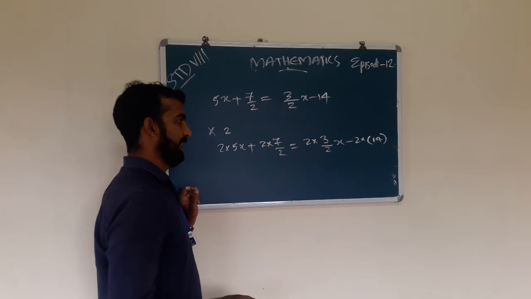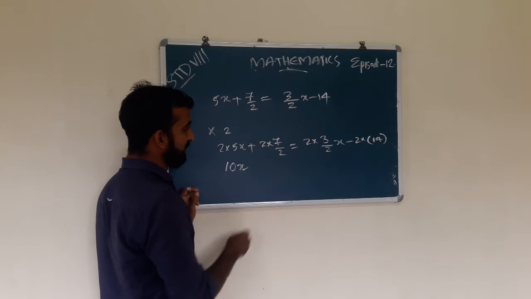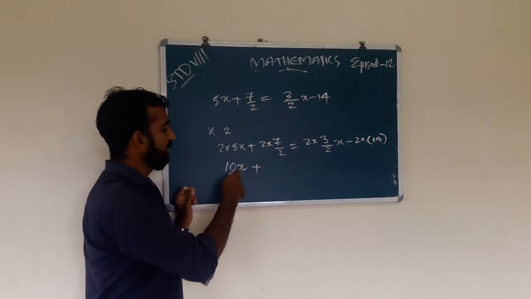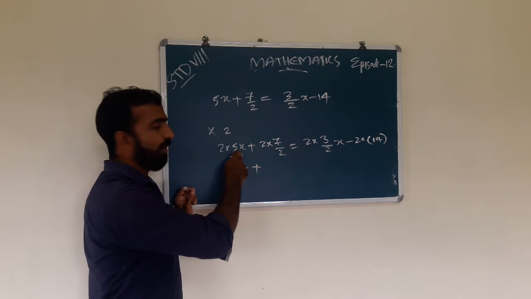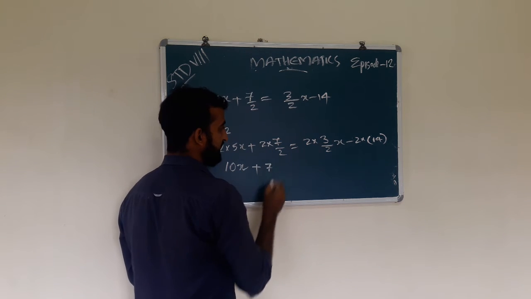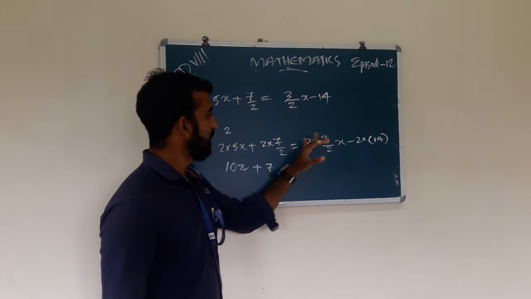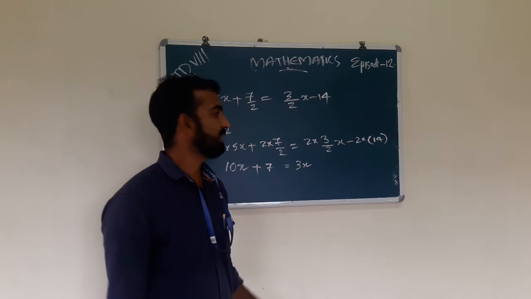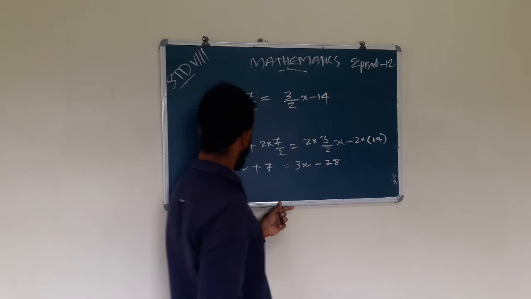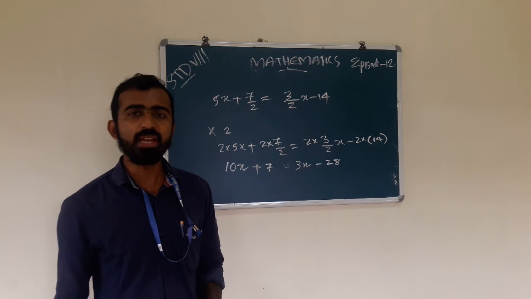Here we get 10x, that is 2 into 5x is 10x. The 2 cancels, so we get 7 equal to 3x. Two into 2 cancels, so we get 3x minus 28. Any doubt?